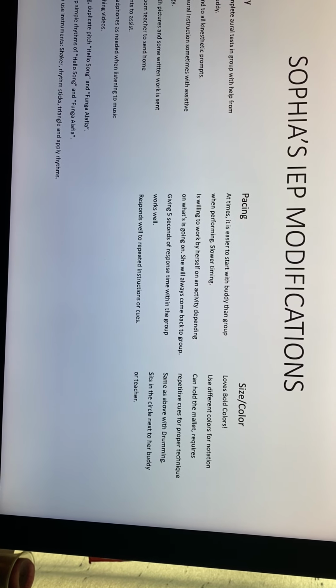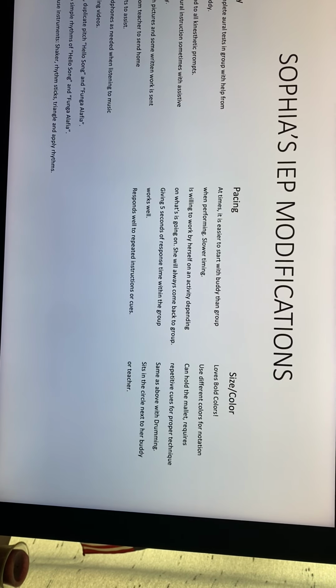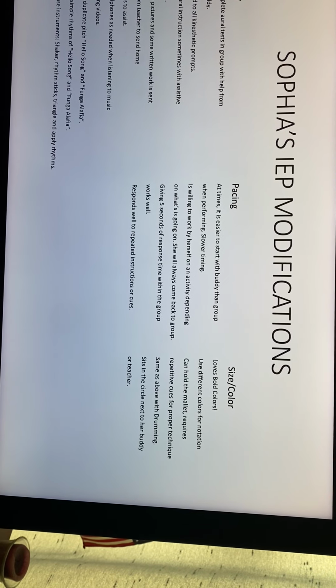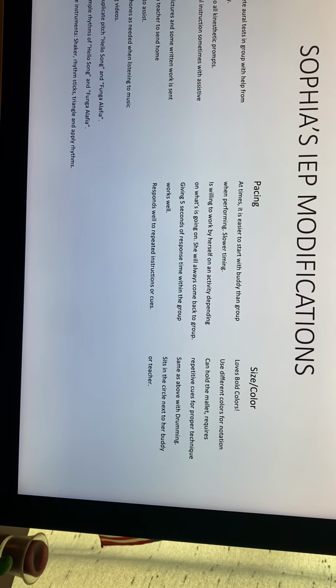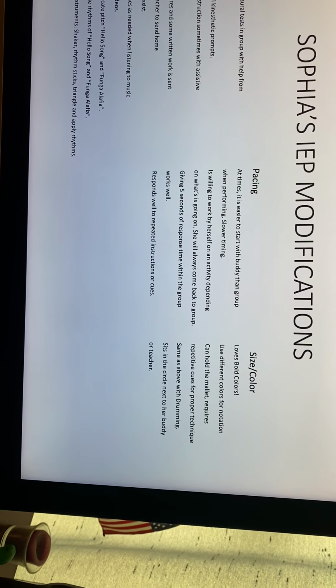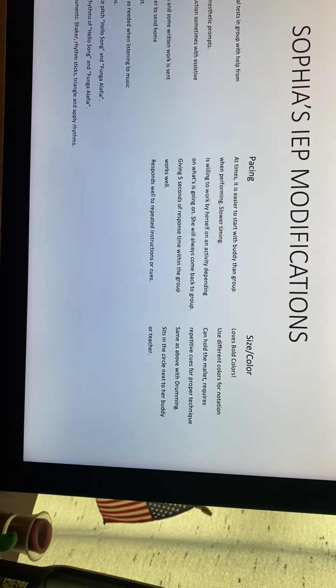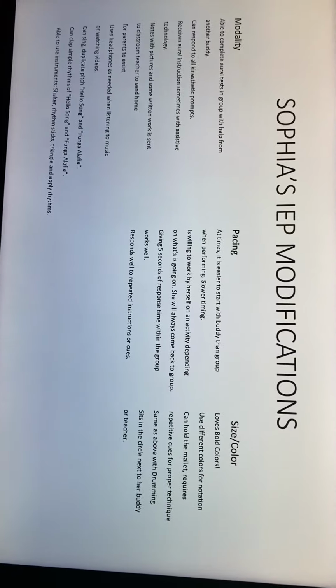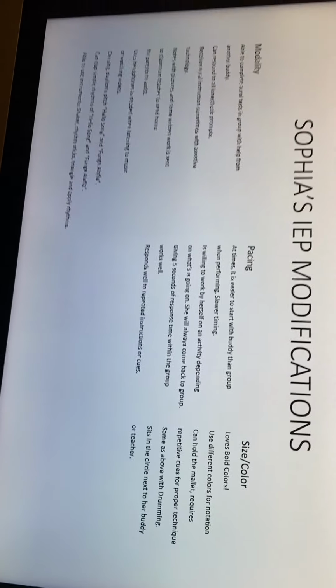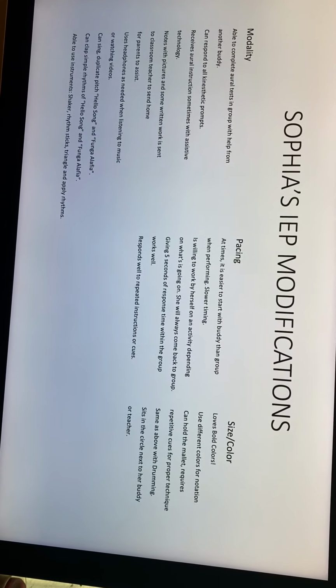Giving that 5 second of response time within the group also works well for other children to show that they're connecting with their buddies and communicating with them and showing good eye contact with them. She loves bold colors. We've shown some examples of those bold colors, and we're also going to see some other examples.